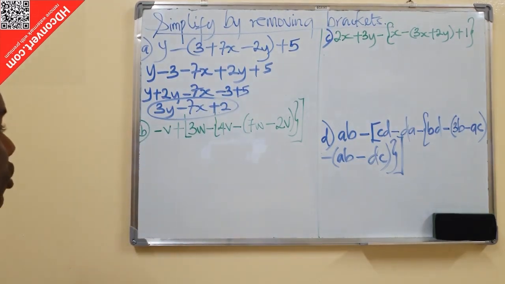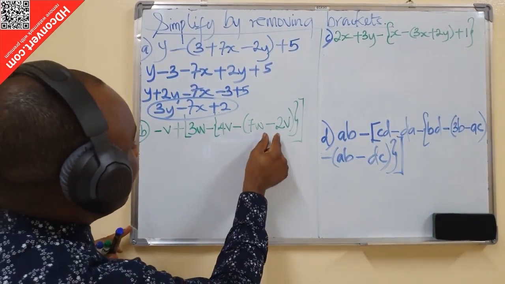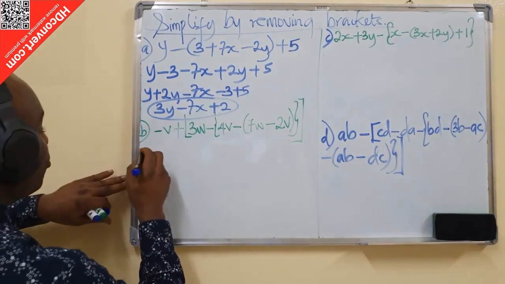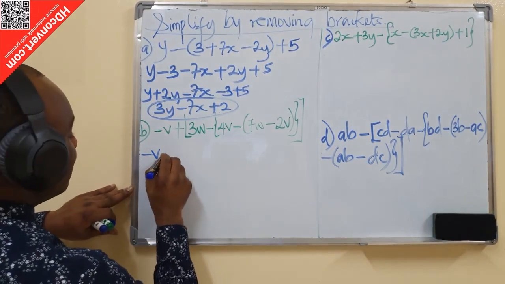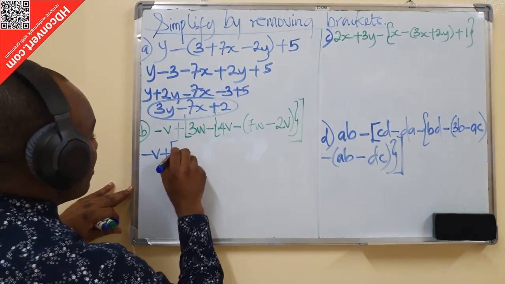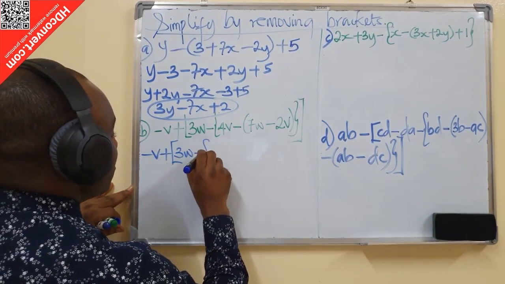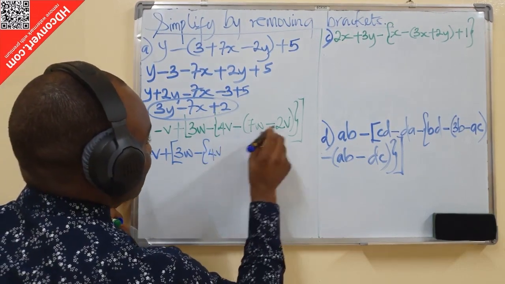Easy. Question 2 has many other brackets in brackets, but this is the innermost bracket we are dealing with. Therefore, I will just rewrite the others while I focus on the innermost bracket. Negative v add, open a block bracket, 3w minus a curly bracket, 4v minus, now let's work it out.